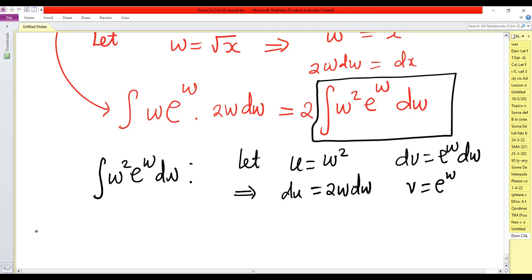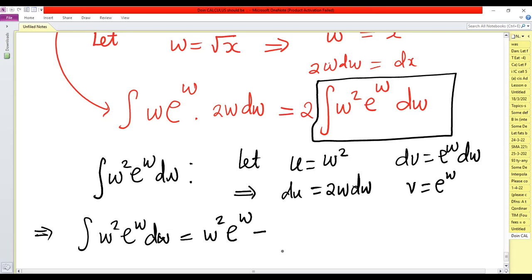So which means the integral of w squared e raised power w dw, by integration by parts, uv, u is w squared, v is e raised power w, minus the integral of v du, which will be given by 2, I factor it out because it's a constant, so w e raised power w dw. And let me call this one 1, and let me call this one 2.